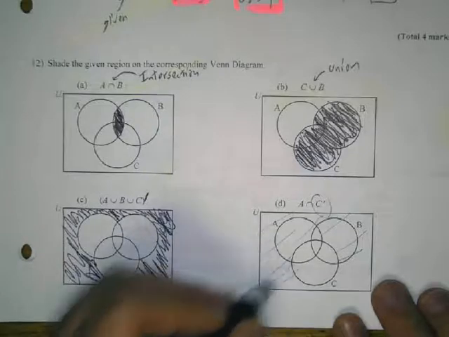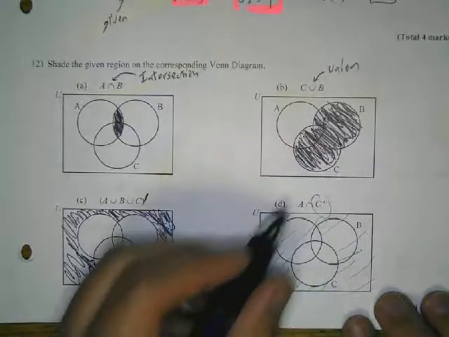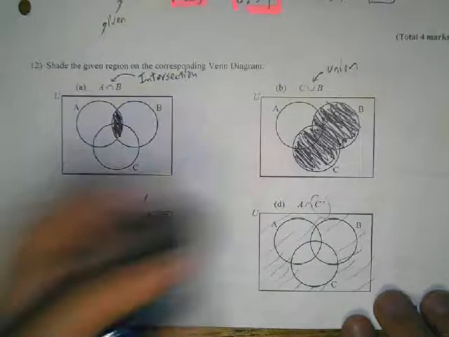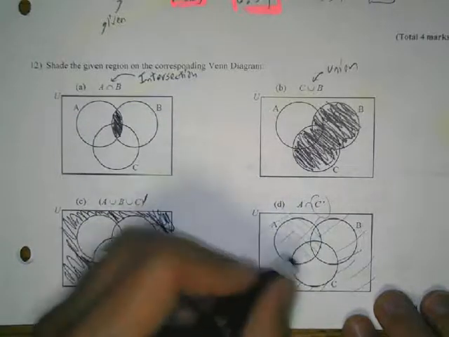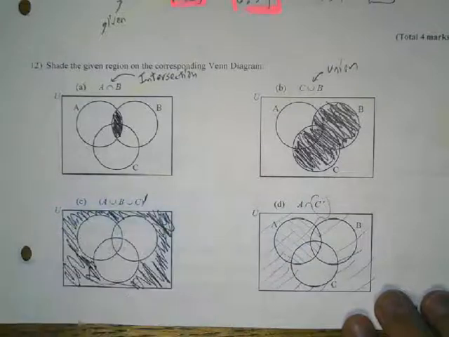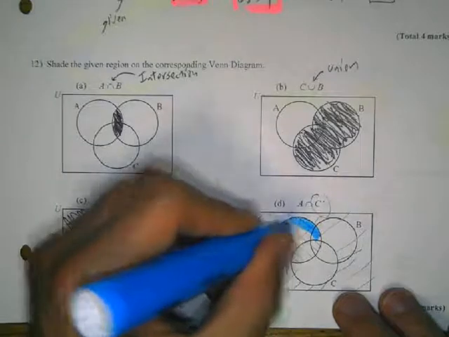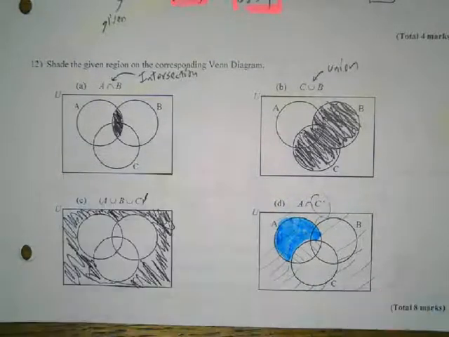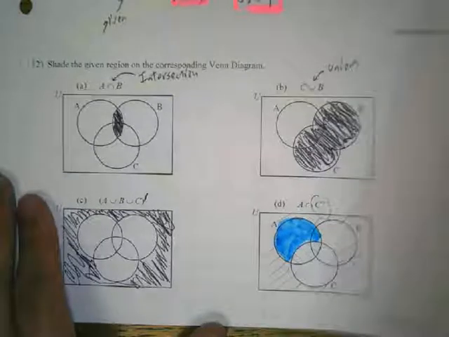Everything outside of C, and A. So inside A is like this. So the double scratched out place is this spot right here. You might want to hit pause and think about this. And that's it for the review.